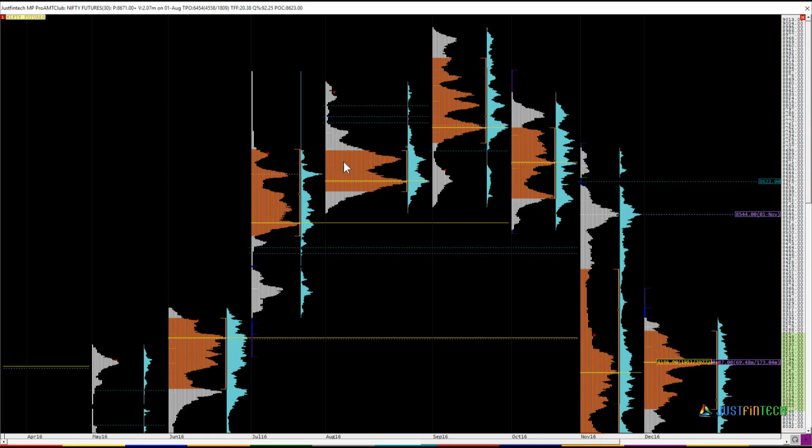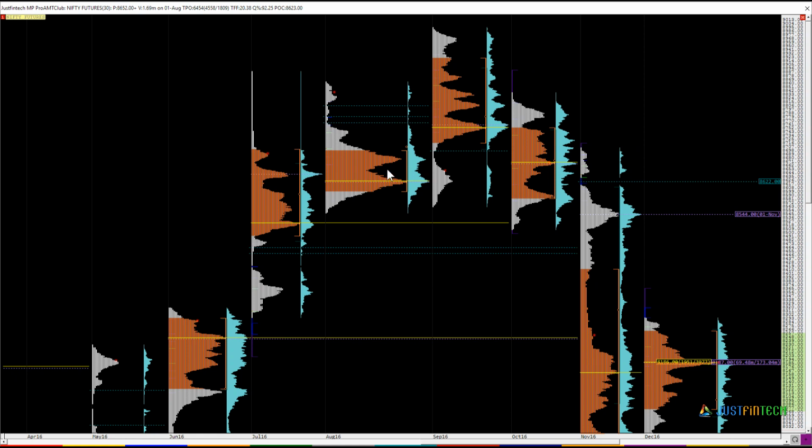So each day in this month, or if not each day, the maximum number of days, this price was visited, and hence this became the fairest price or the point of control. Now, if this was filled, it would have become a very nice balance. If we leave out this area, it would become a Gaussian shape and a bell curve. But here again, that's not the case.